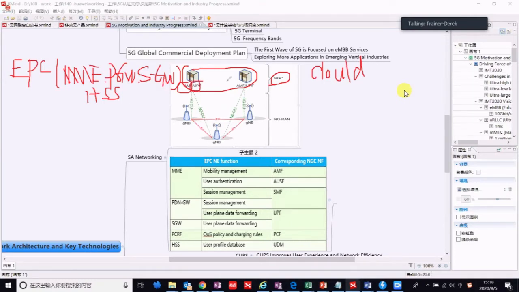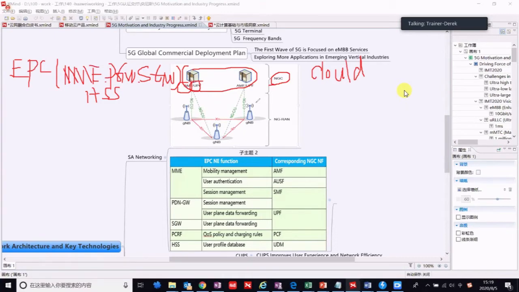Compared with 4G, the 5G core network has a complete separation between the control plane and user plane, and the functions are more dedicated than our EPC, like MME, PGW, SGW. The functions are very flexible, and you can select the functions you need to meet different services for different users.